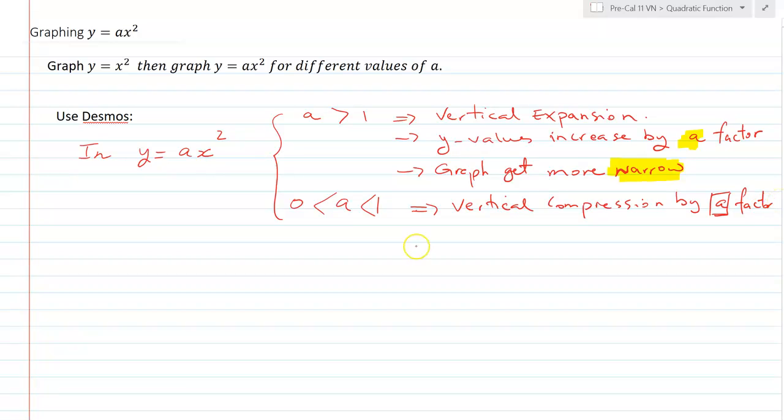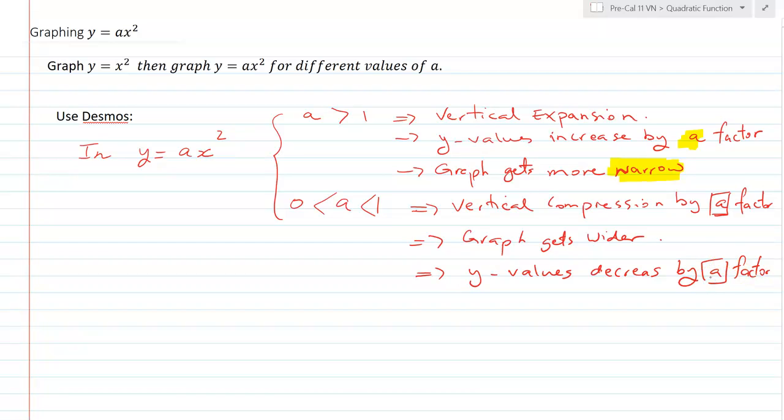Basically, the graph gets wider, and the y value decreases by a factor. Simple as that. So this is case 1, and that's case 2.